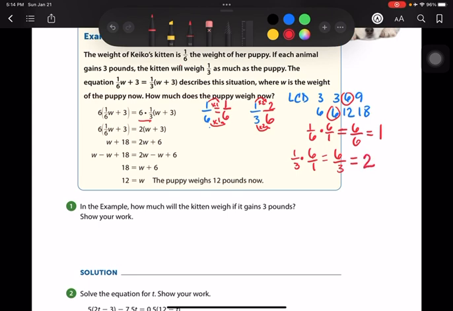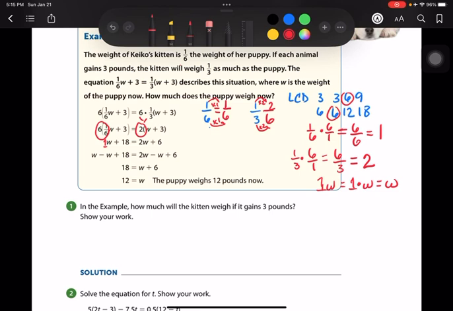So when you simplify 6 times 1/3, you get 2. And when you simplify 6 times 1/6, you get 1W, which means 1 times W, which is how they get just W. So the first thing they did was get rid of the fractions.